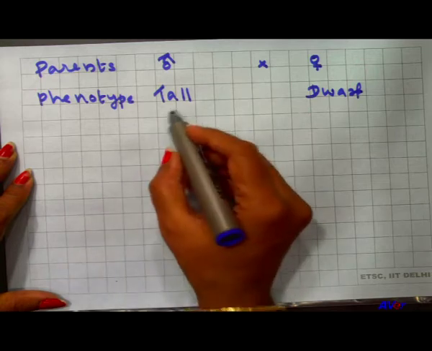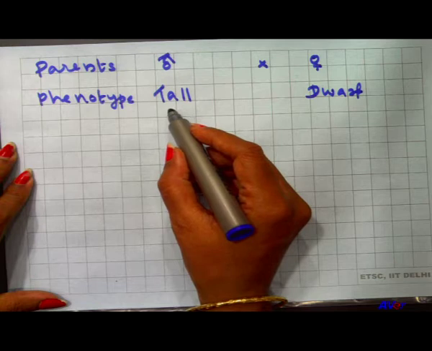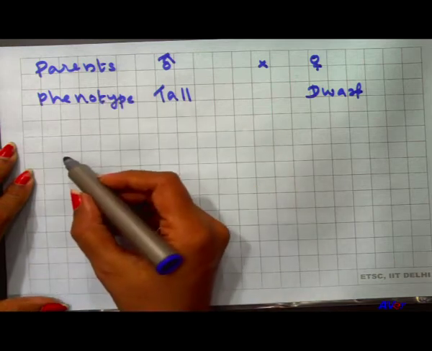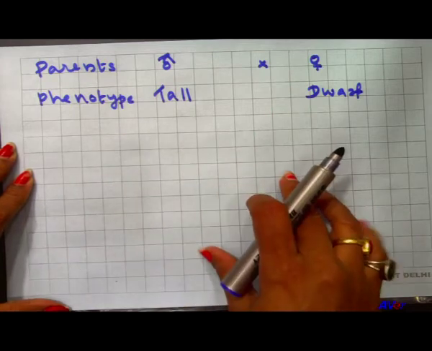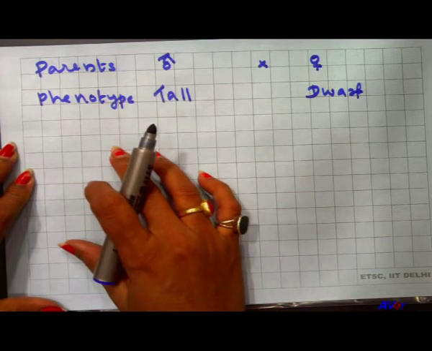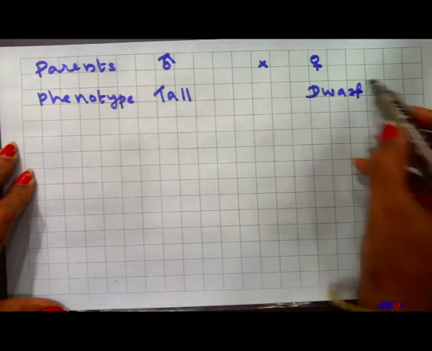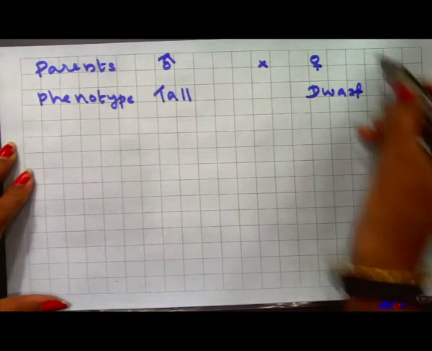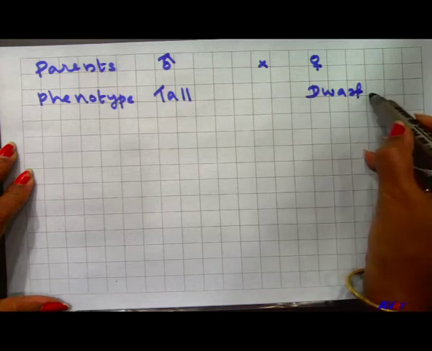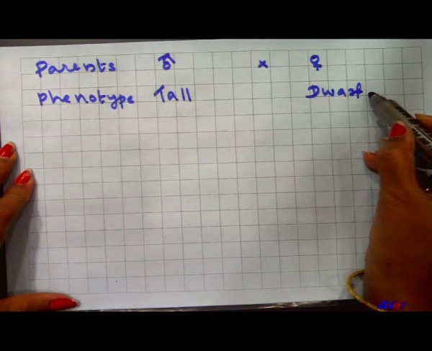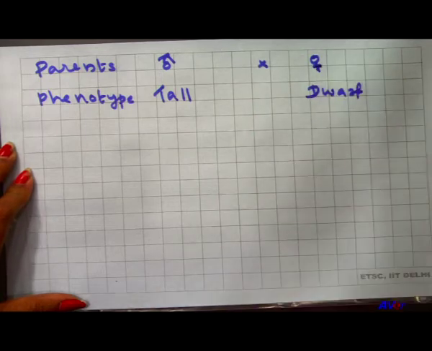So, we have to avoid self pollination, and for this purpose we are using the technique emasculation, that is removal of anthers from a bisexual flower to convert into a female flower. So, here this particular plant, that is the dwarf plant, is subjected to emasculation in order to convert it into a purely female flower.